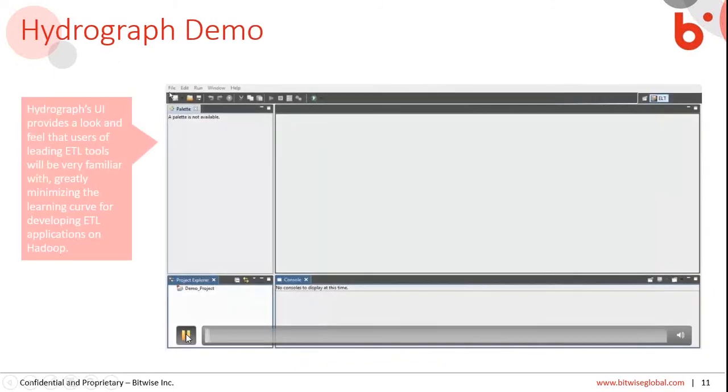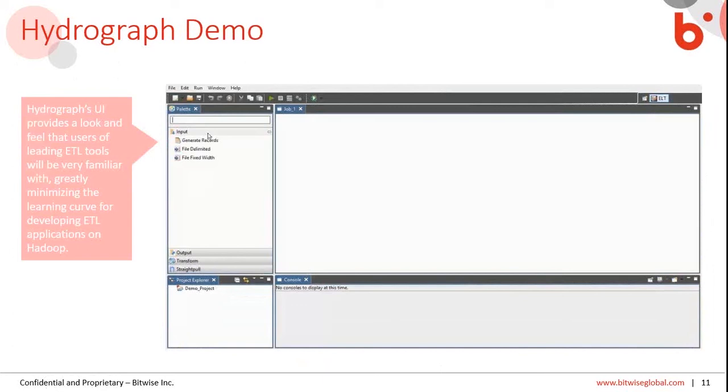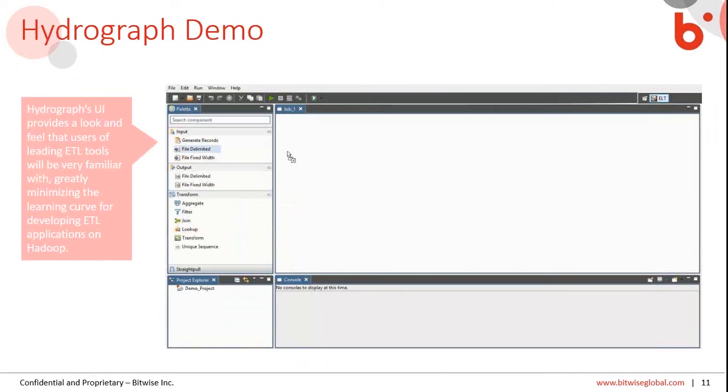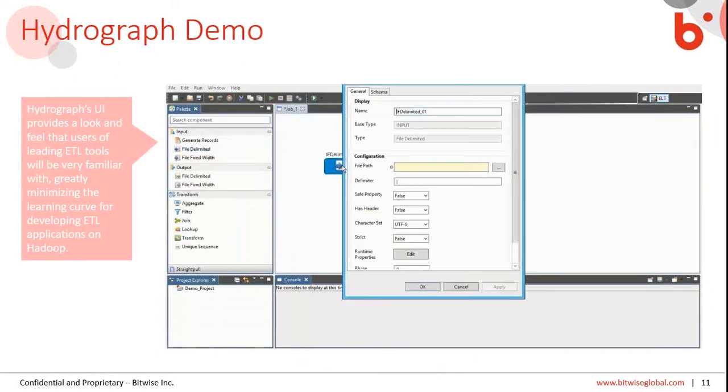All right. So there you see. This is what we've been talking about. For all the ETL developers in the room, this looks like any other ETL product. You have a component palette on the left-hand side from where you can pick, drag and drop whatever you need, an input file component over here. You can pick up the properties for that. Here they're creating the file path.